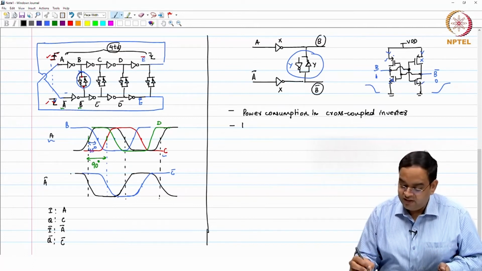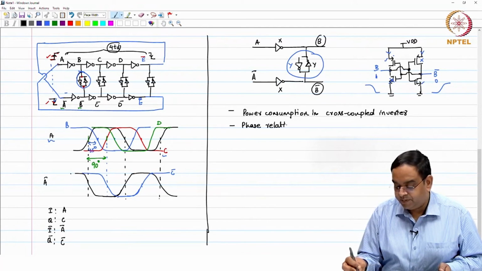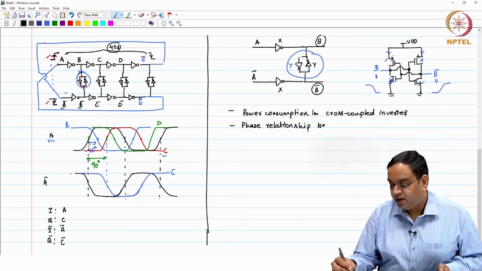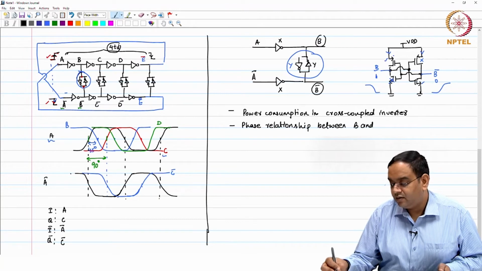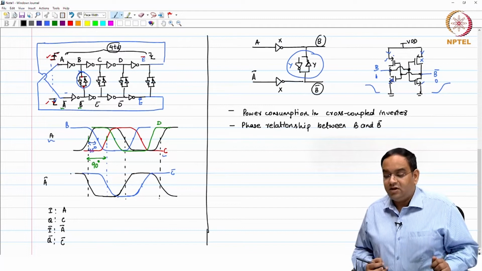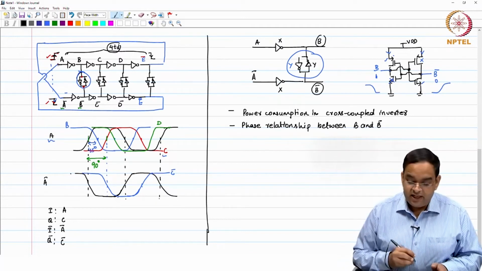So, the phase relationship between B and B bar. These are the two things which decide the size of the inverter Y as compared to the main inverter X.